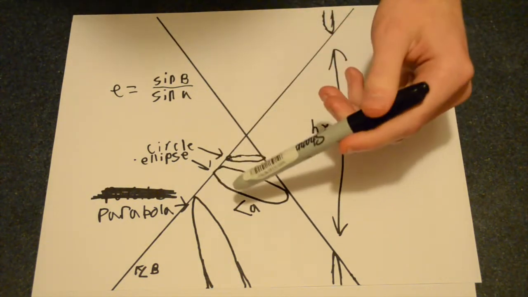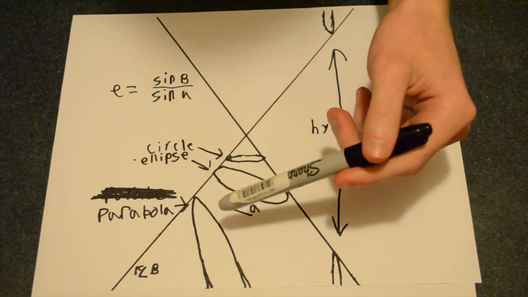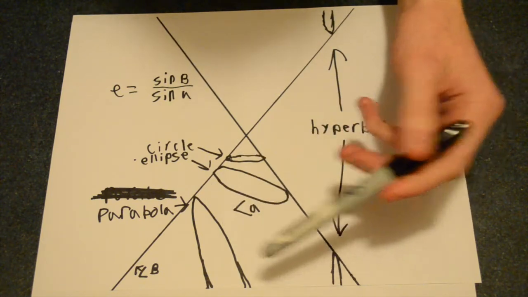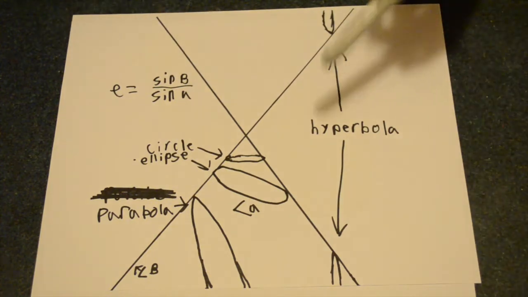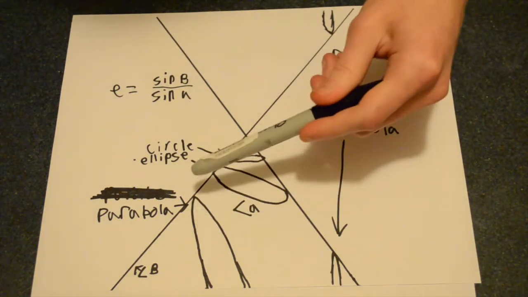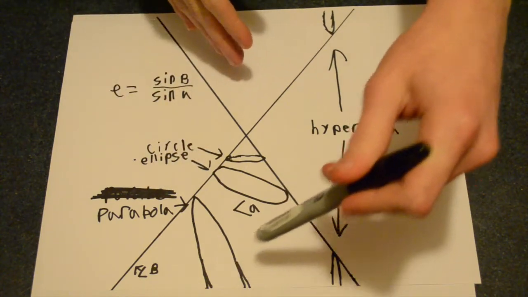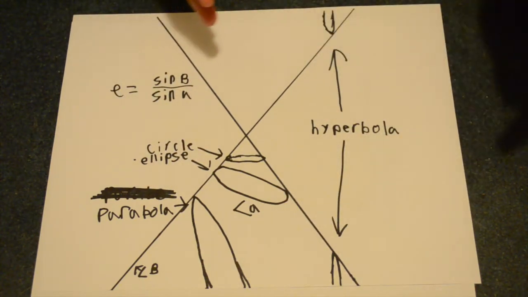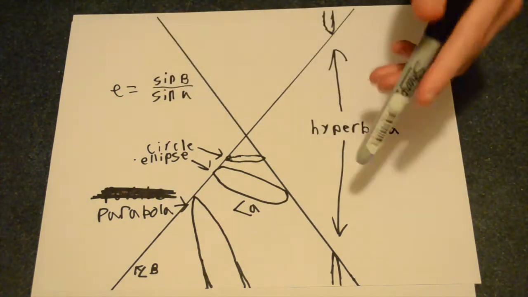Now after that you have the parabola, which is basically an infinite ellipse. It's an ellipse with one focus at infinity. If you think about that, as the eccentricity increases, the foci get closer and closer to the edge, the end, and farther apart from the middle.